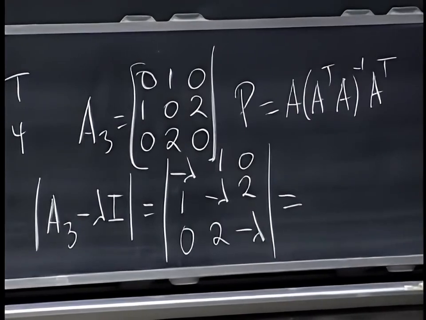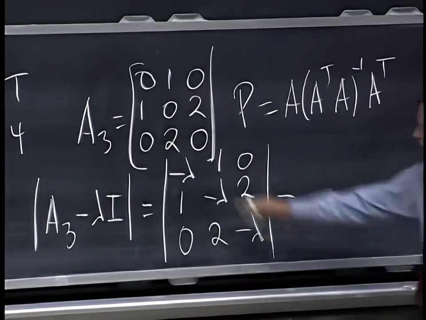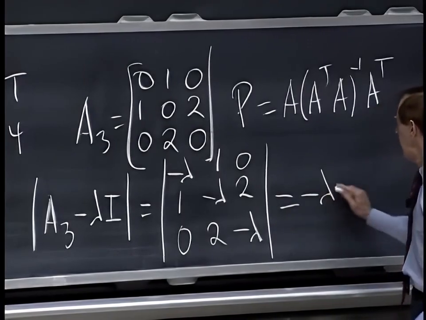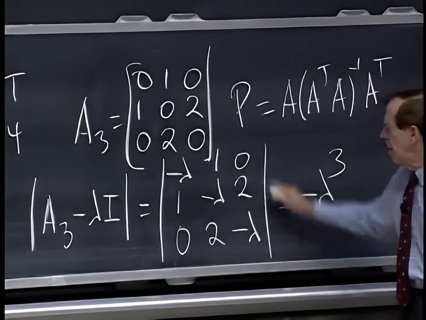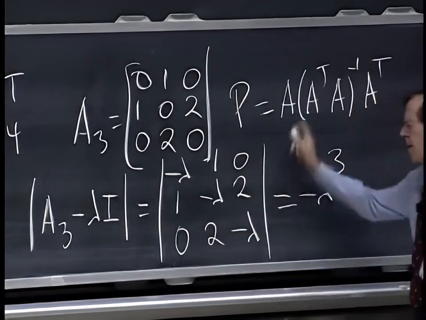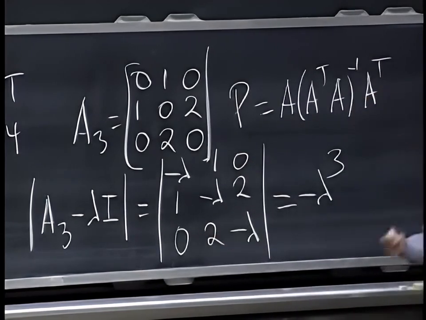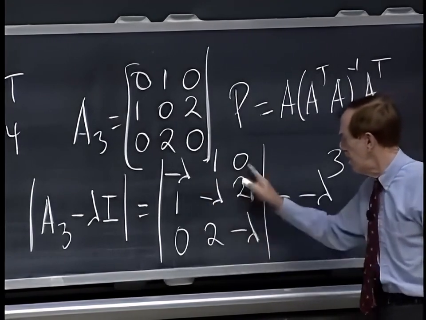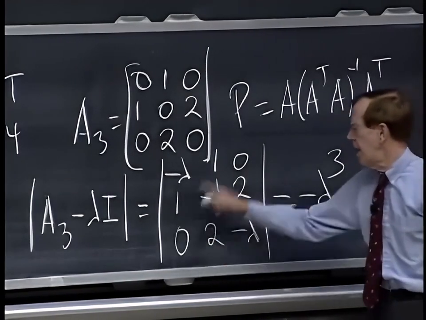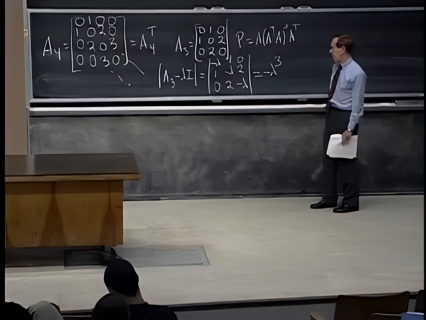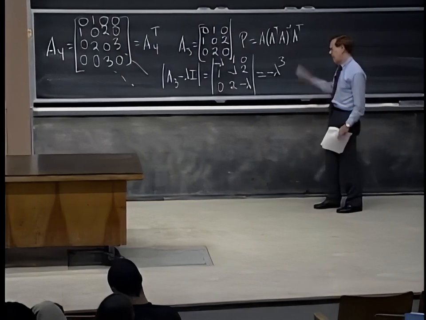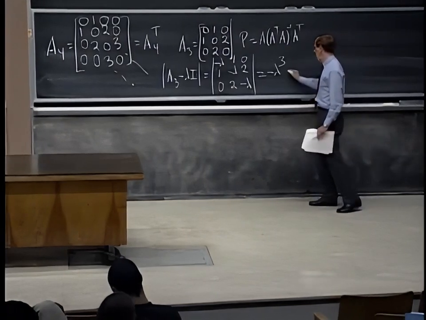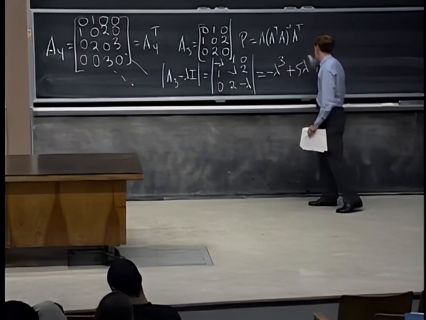Okay, since it's 3 by 3, I'll just go for it. This way gives me minus lambda cubed, and a 0, and a 0. Then in this direction, which has the minus sign, that's a 0, minus 4 lambdas, and minus another lambda, so that's minus 5 lambdas. But that direction goes with a minus sign, so I think it's plus 5 lambda.